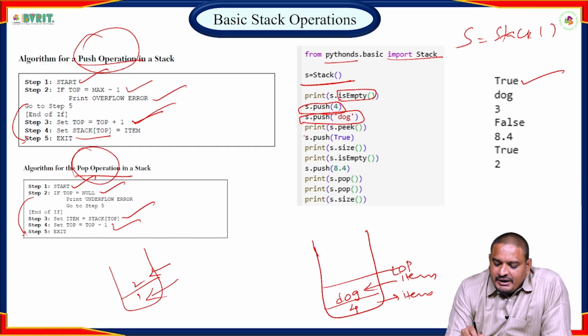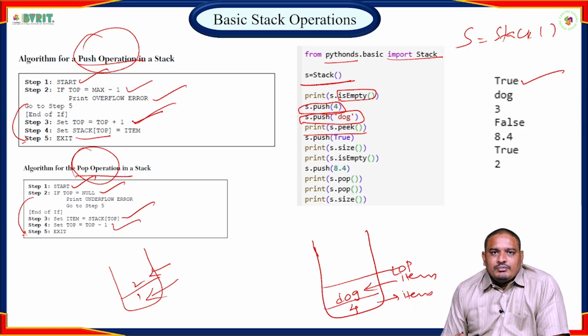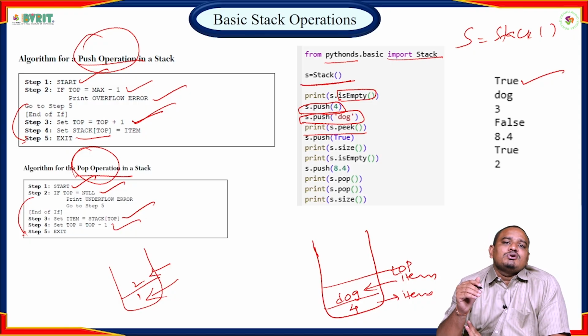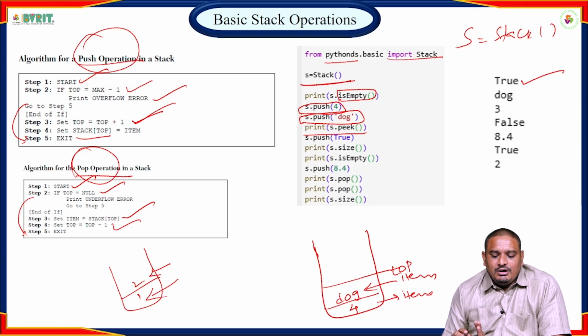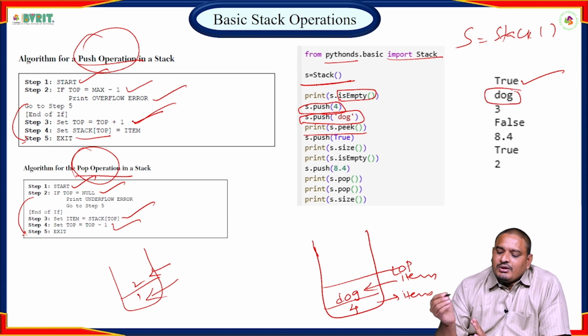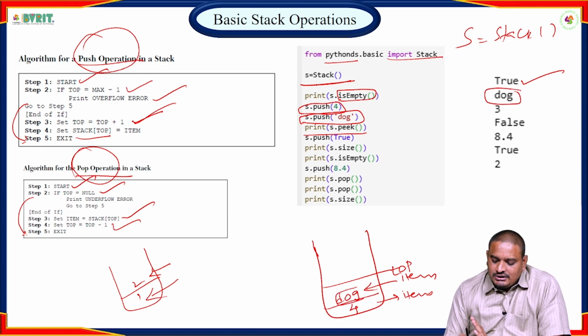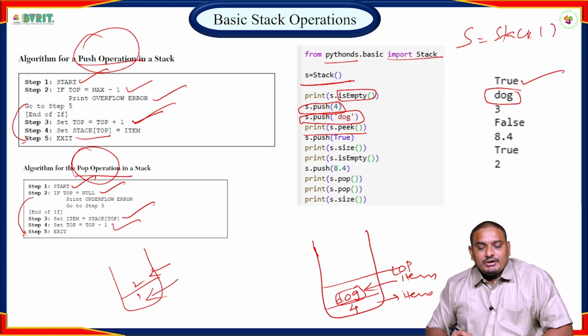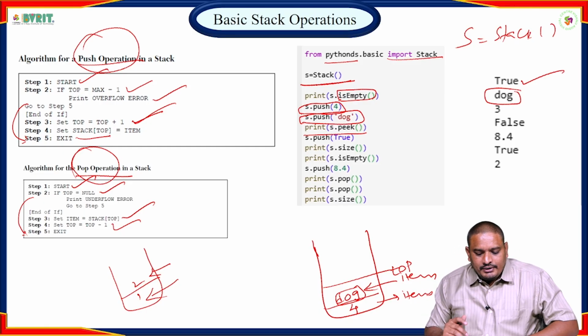Now print s dot peek. Peek means the element at the top position will be displayed. What is the output for this method? It displays dog. Here the dog is the top element.